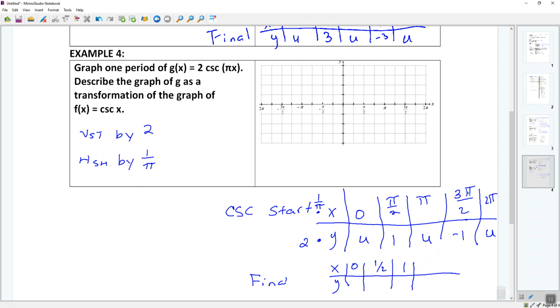Yeah, so this 3 pi over 2 will become what? 3 over 2. And then 2 pi will become 2. Okay. And down here we're going to multiply everything by 2. The undefined stay what? Okay. Let's see, this will be what value here? 2. And this will be negative 2.